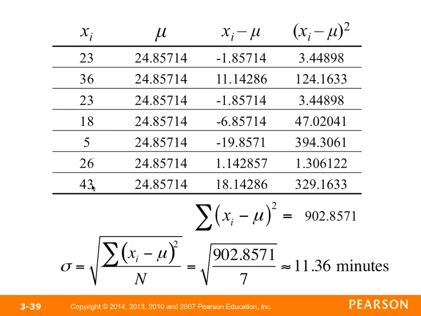It gives you a technology step-by-step, and what you're going to want to do is probably read the steps for finding the standard deviation using your calculator, and maybe also StatCrunch for when you're doing your homework. That'll make your life a lot easier. So what you'll do is you'll enter this data, and then you'll ask for the population standard deviation, and it will just give you this 11.36.